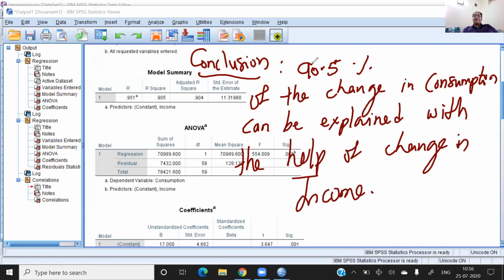So 90% of the consumption can be explained with the help of income. So this is the meaning of R square. Now we are moving to the next part, that is adjusted R square.